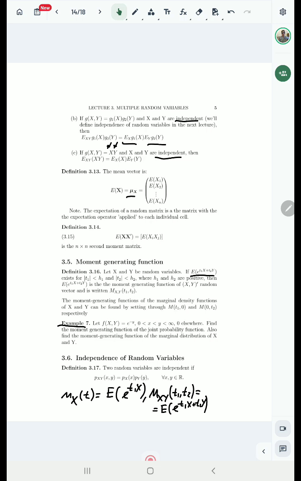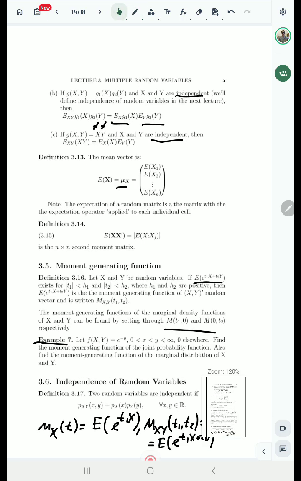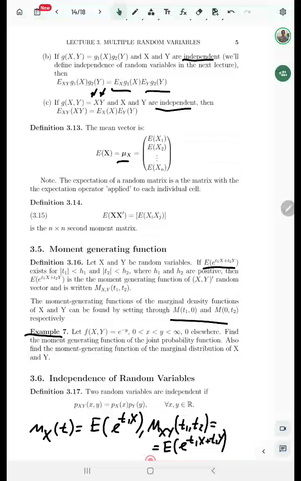Let me zoom it in a bit. You can see that. So if you have a joint moment generating function, by setting t2 to 0, you're going to receive the moment generating function for x only, for the marginal probability density function of x.